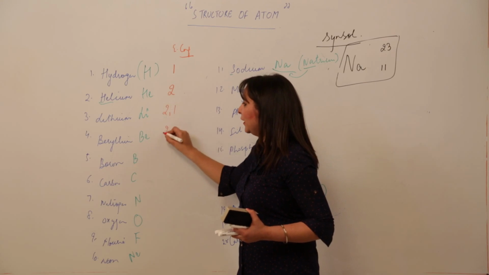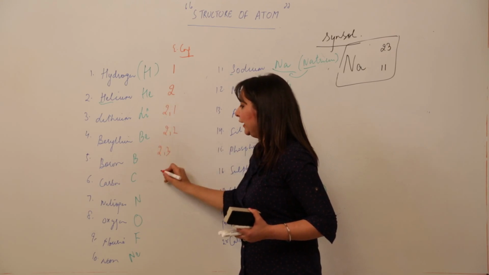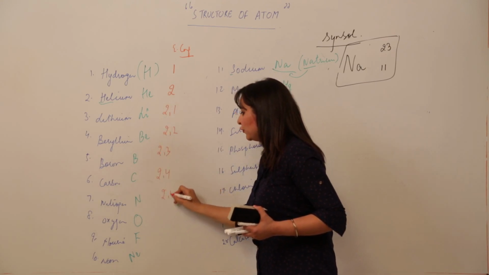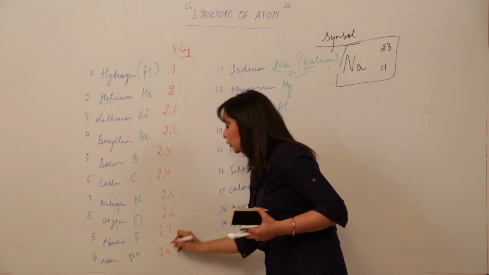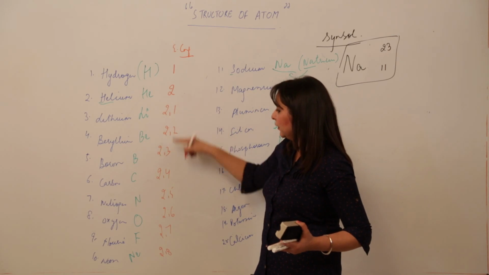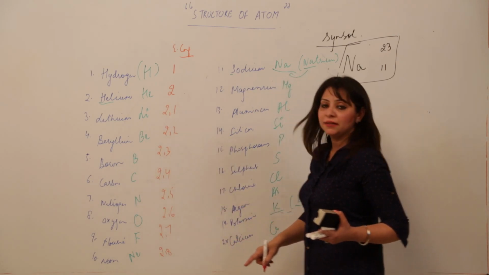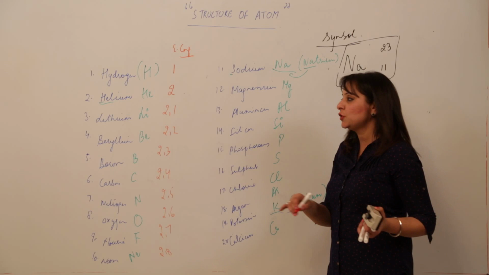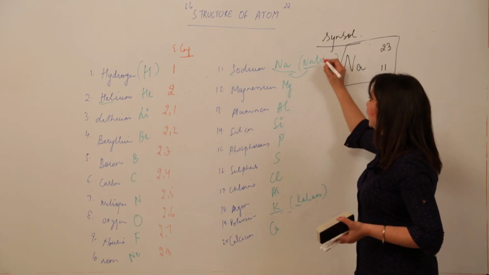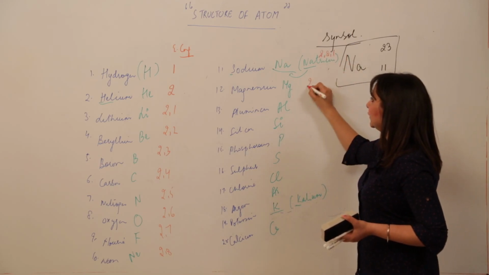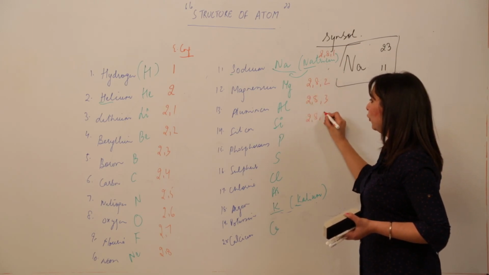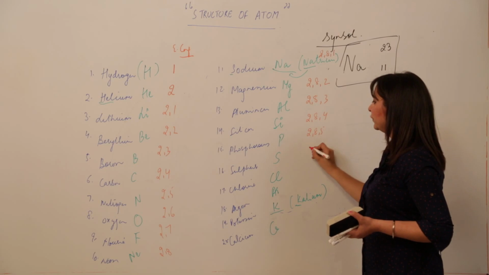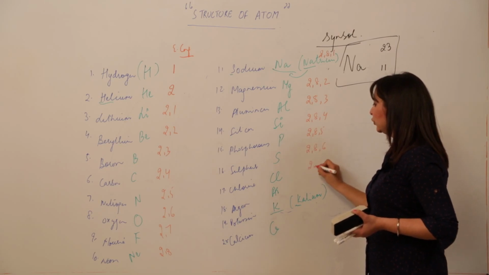Lithium 2,1, beryllium 2,2, then 2,3, 2,4, 2,5, 2,6, 2,7, 2,8. Don't forget to write the commas, it will differentiate which electrons are in the K shell and which are in the L shell. Similarly, 2,8,1, 2,8,2, 2,8,3, 2,8,4, 2,8,5, 2,8,6, 2,8,7.